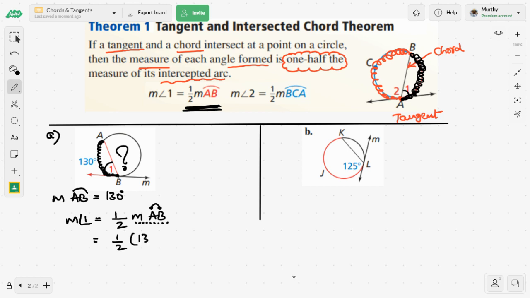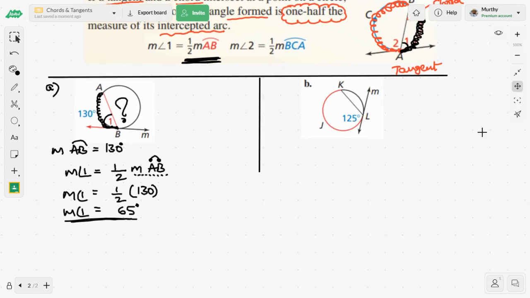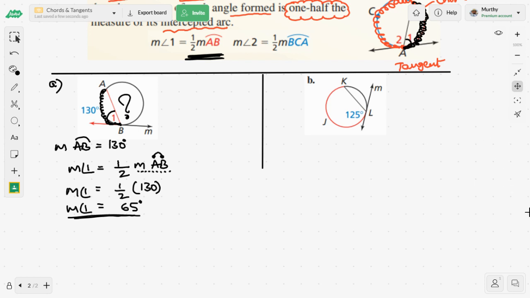Therefore, measure of angle 1 equals half of 130, that is 65 degrees. Here, M stands for measure. Okay, so let me give another example.